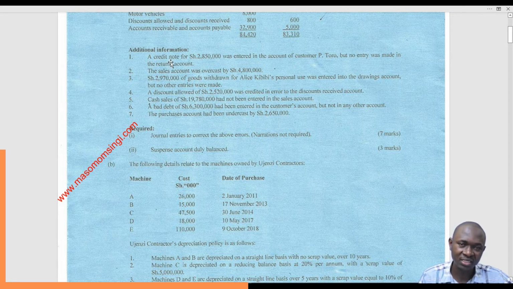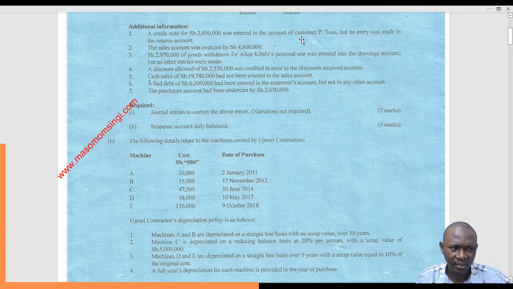A credit note serves to reduce the amount that the customer had been charged, especially if the customer has returned some of the goods, or if maybe some of the goods have been found to be faulty. So this credit note of 2850 was entered in the account of customer P. Toro, but no entry was made in the returns account. So yes, and now it's very clear that P. Toro returned the goods.